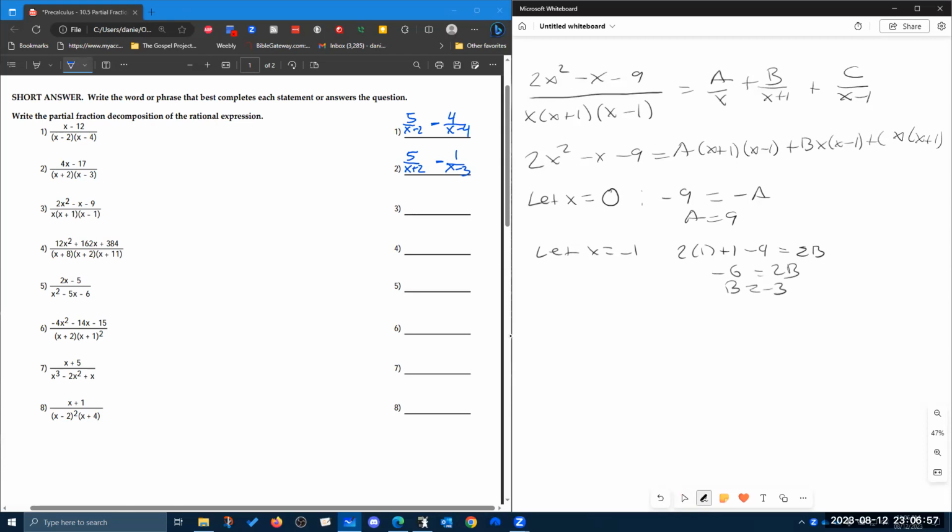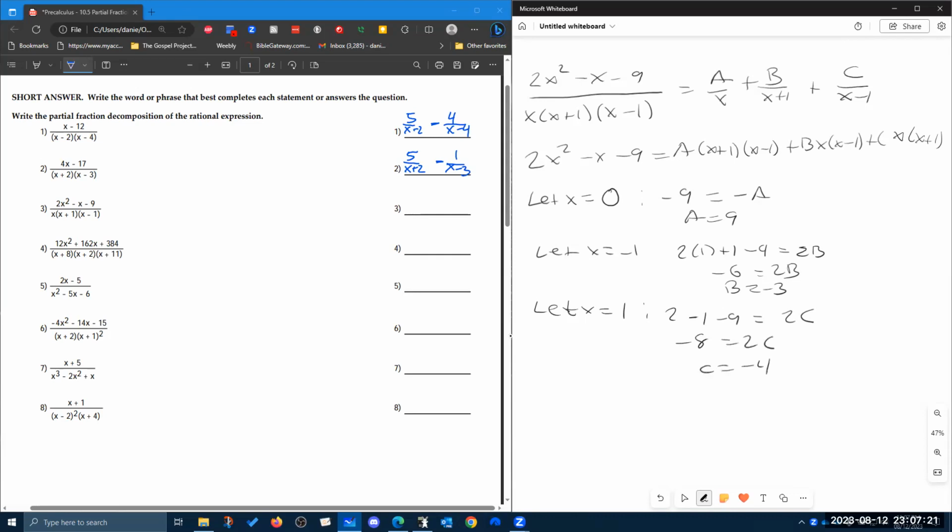And then we let x be equal to 1. If I do that, 2 times 1 is 2, minus 1 minus 9 equals 0, 0, 2c. Negative 8 equals 2c.